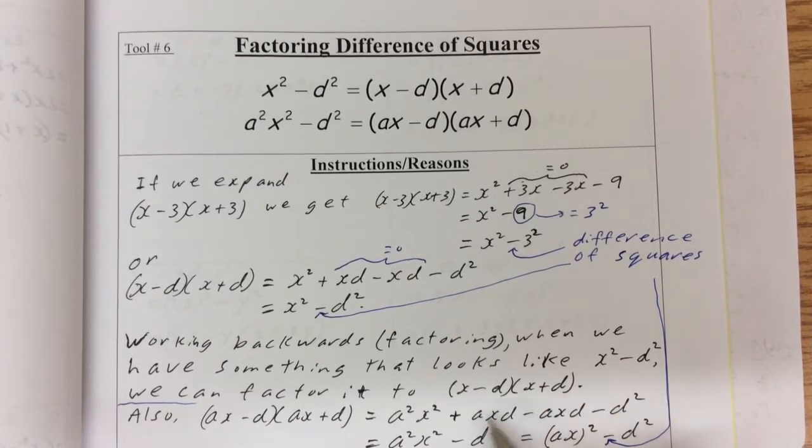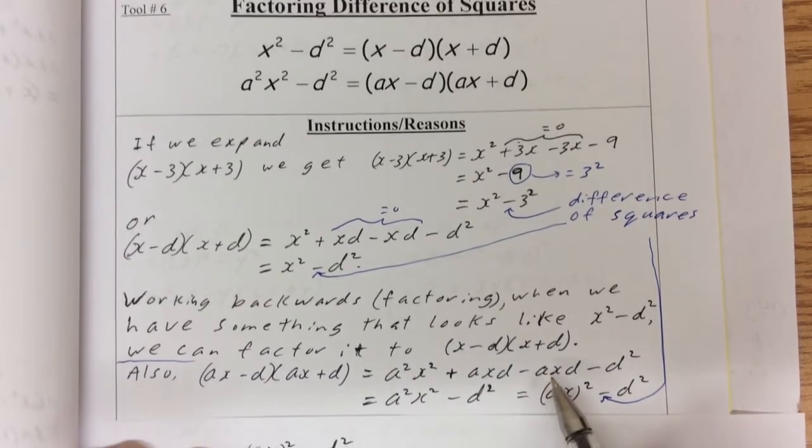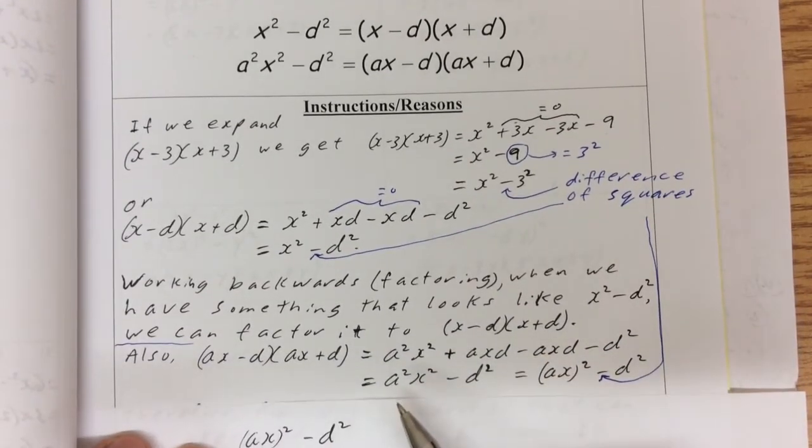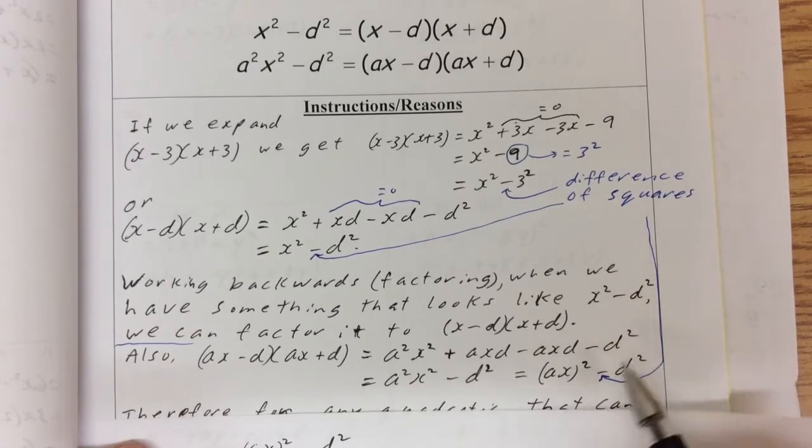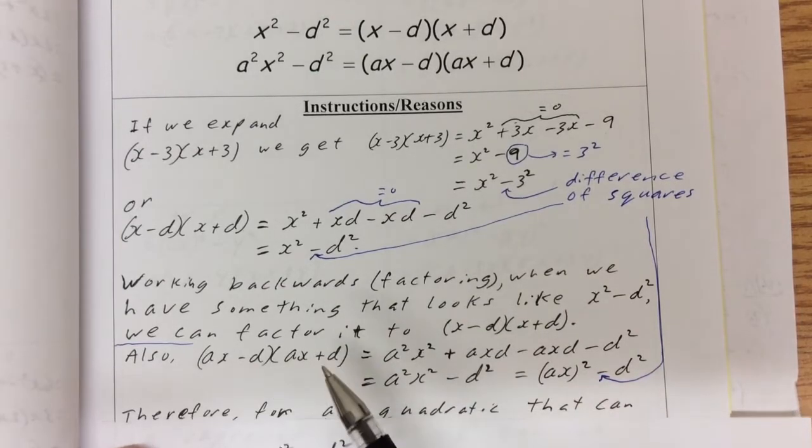Okay, these two terms cancel out, and you end up with a squared x squared minus d squared, like that. And now this is a difference of 2 squared things. So if you see something in this form, you can immediately factor it to that.